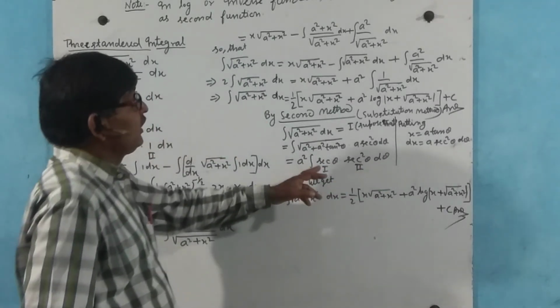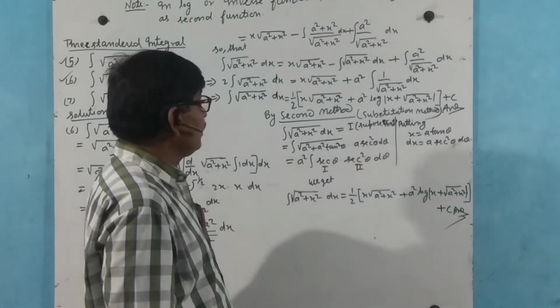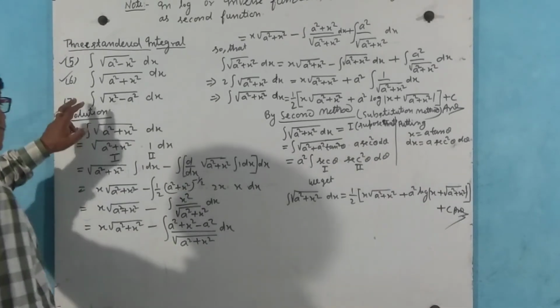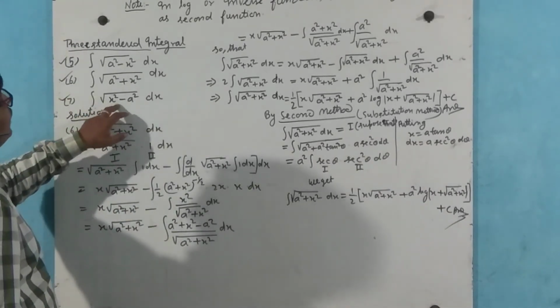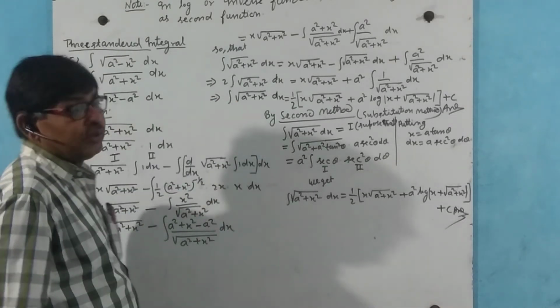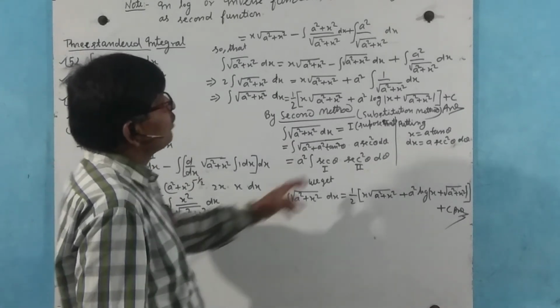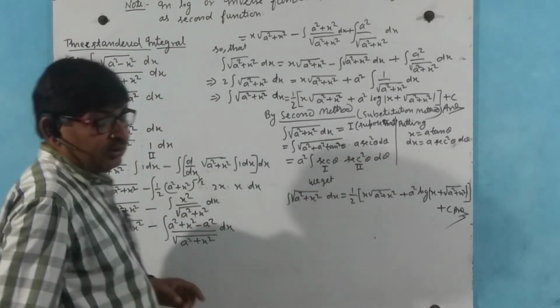Now we take this as the first part, this as the second part, and after the solution we get a similar result. And in question number 7 also we take this as the first part and one as the second part. With the help of this we get our result, and it can also be solved with the help of substitution methods here.